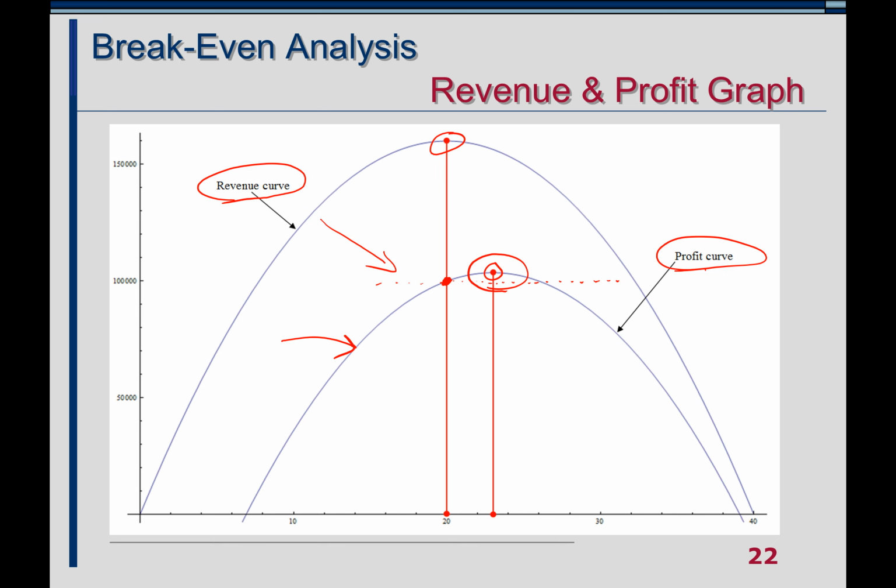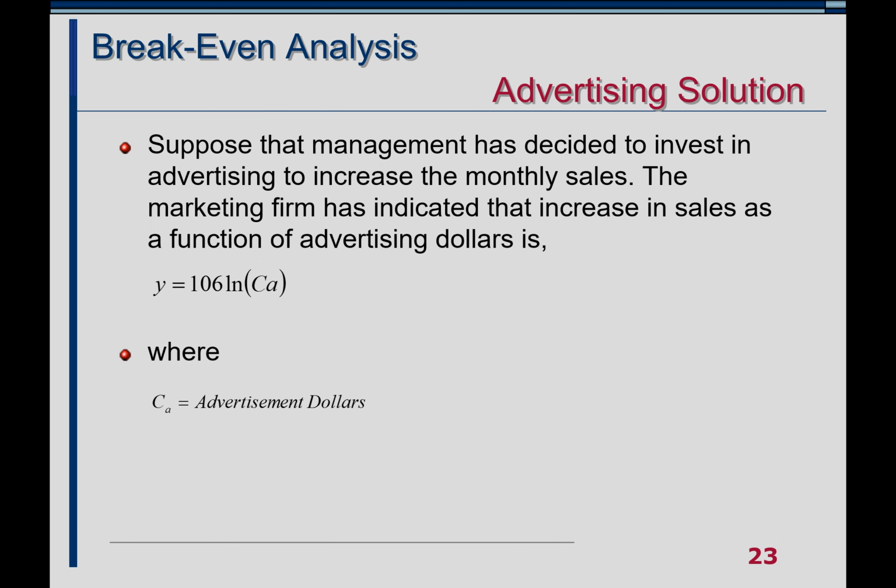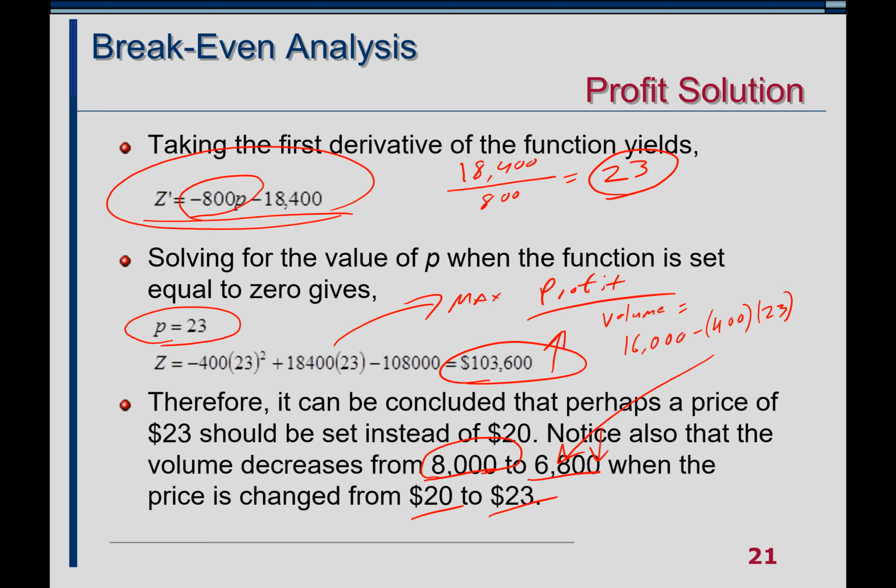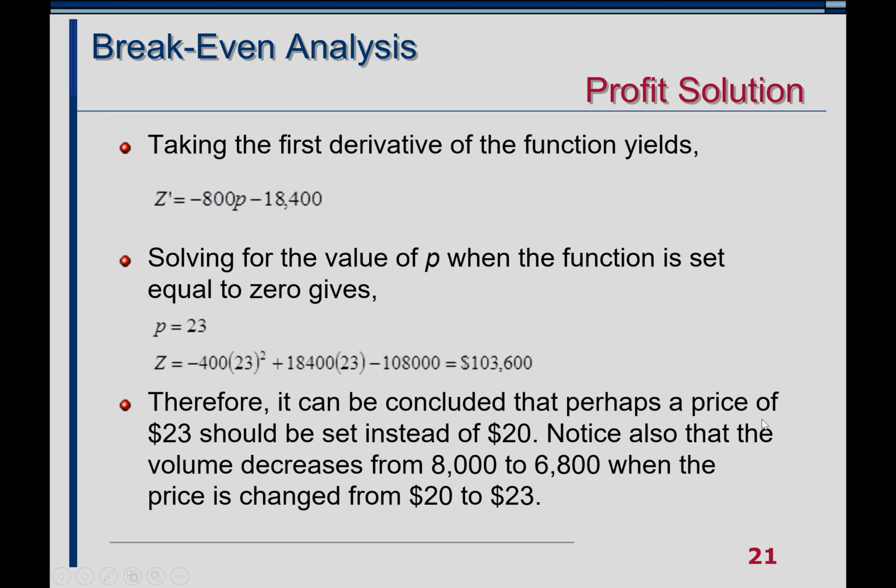Okay? So it's pretty simple if you look at this, that if we go in here and we say, all right, well, how much did our profit increase? It increased 3.6%. How did I get that?